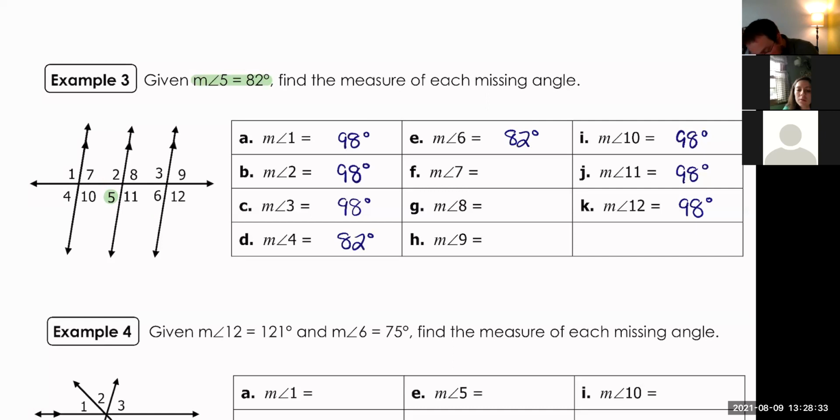And then going back to number 5, vertical of 5 would be 8. So 8 would also be 82 degrees, but what are some corresponding angles to 8? Nine. 9, and I would also throw in 7.